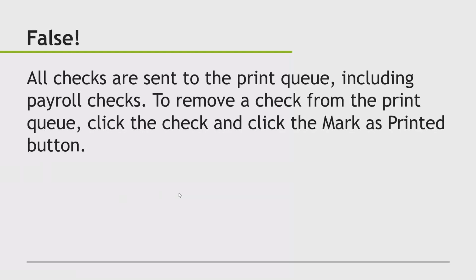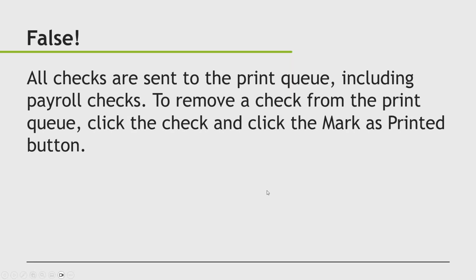To remove a check from the print queue, click the check and click the Mark as Printed button in the print queue. So not all payroll transactions are necessarily going to be checks. In the case that they're not, you can dismiss them from the print queue, but every payroll transaction, at least initially, will appear in the print queue to give you the option if you want to print it. So just keep that in mind.